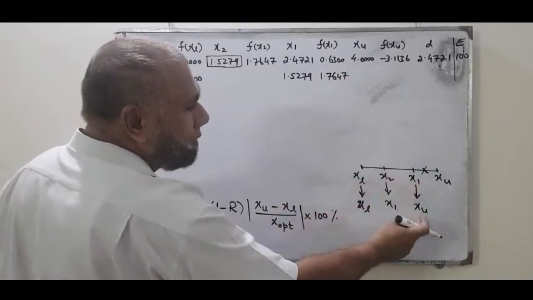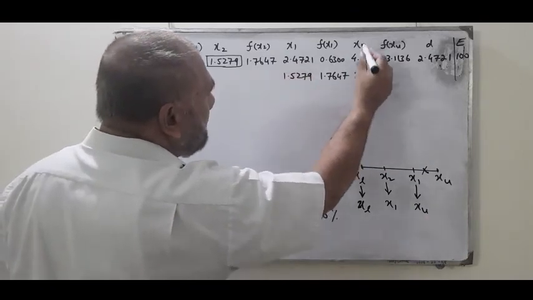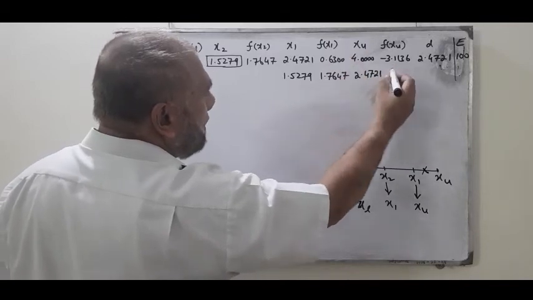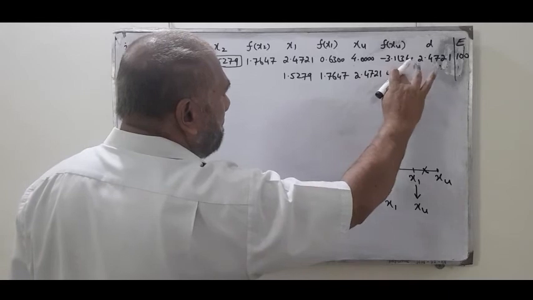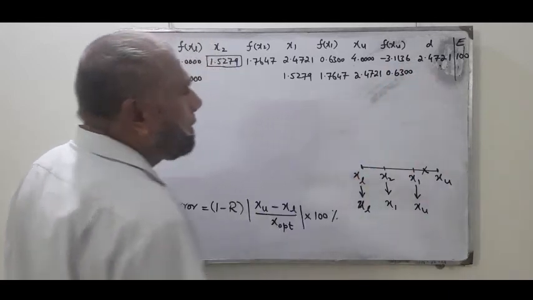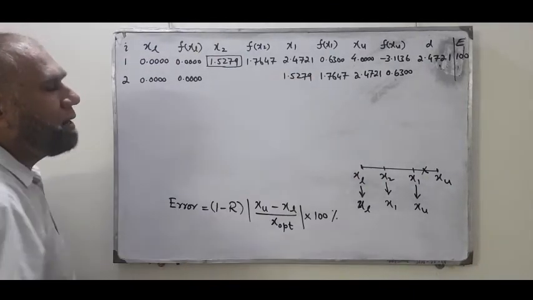And x1 goes under xu. So x1, this one is going under xu, 2.4721, and the corresponding value is 0.6300. So these are the information we gathered from the previous iteration.